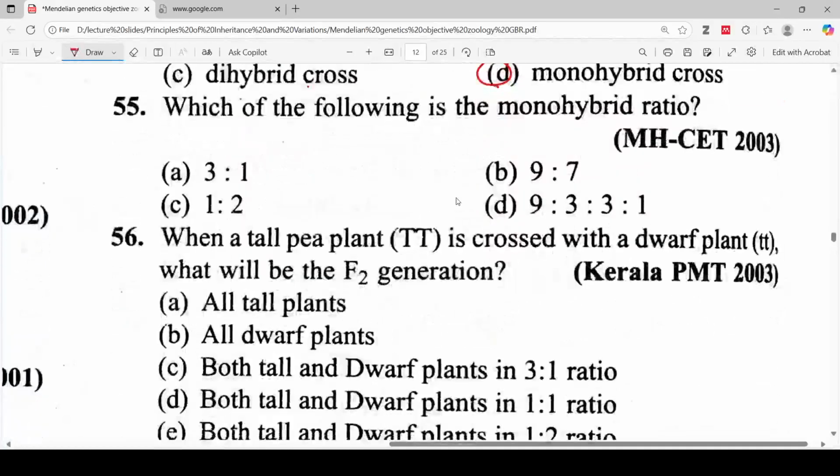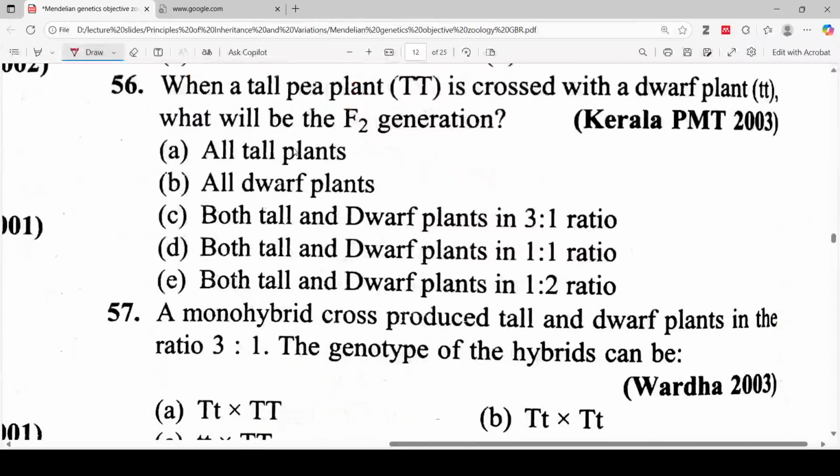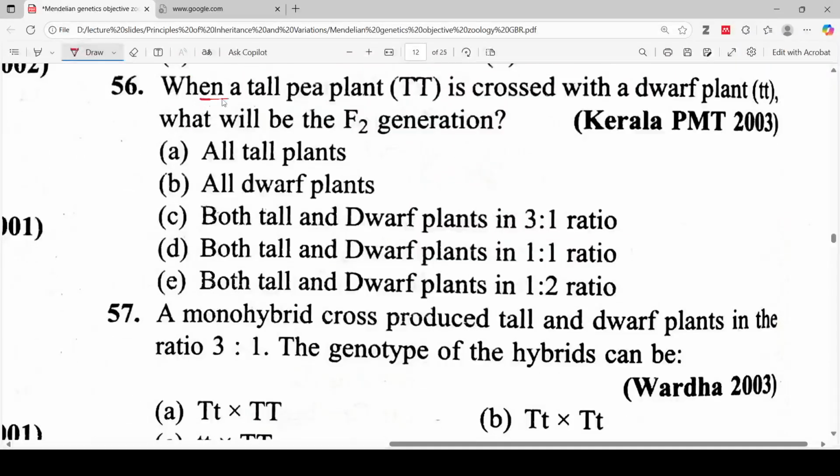Next question, which of the following is the monohybrid ratio? So the correct answer is option A, 1:2:1, and another ratio. And next question, when a tall pea plant is crossed with dwarf plant, what will be the F2 generation?